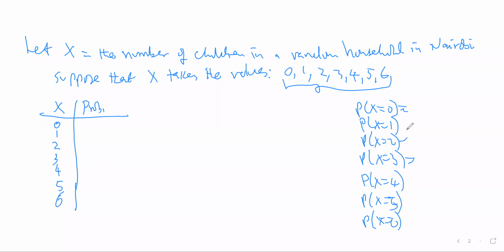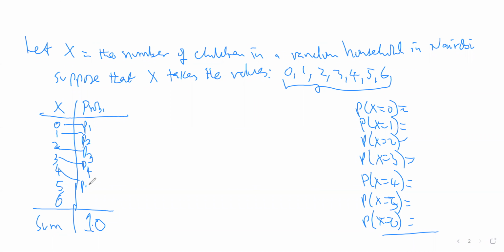if we're able to get these probabilities, we know that if we sum them, it must give us 1.0. So this is P1, probability 2, P3, P4, P5, P6, and P7.